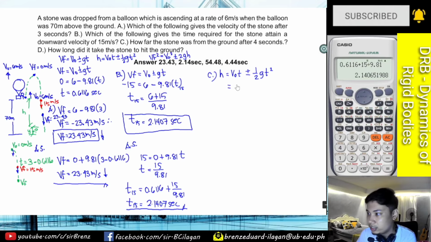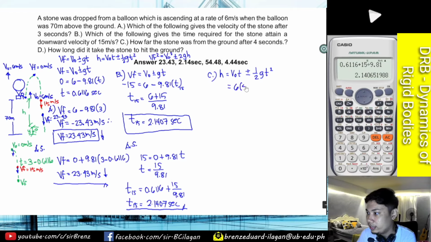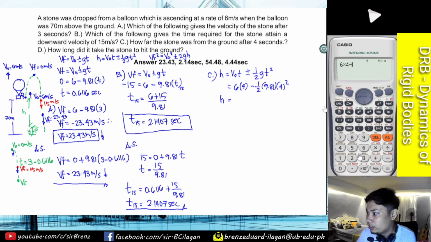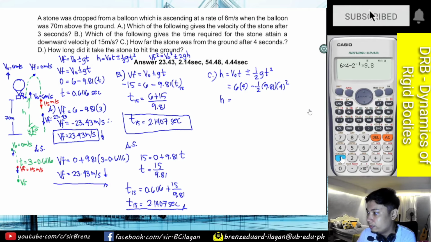So, initial velocity of 6 multiplied by 4 seconds, and then minus 1/2 of 9.81 times 4 squared. So, what will be the value of H? Pindutin lang nga sa calculator. So, 6 times 4 and then minus 1/2 of 9.81 times 4 squared. So, that is 54.48.